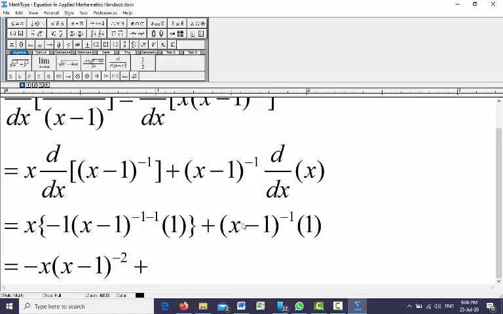Plus, this one multiplied by 1, we get this one back, so we will have x minus 1 power minus 1.